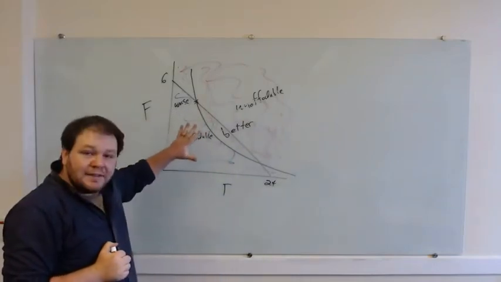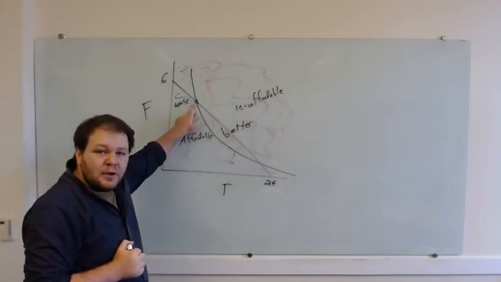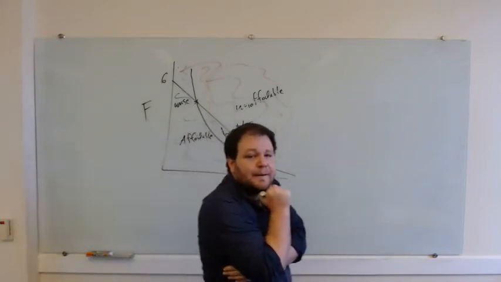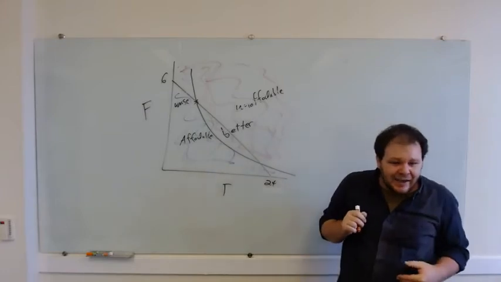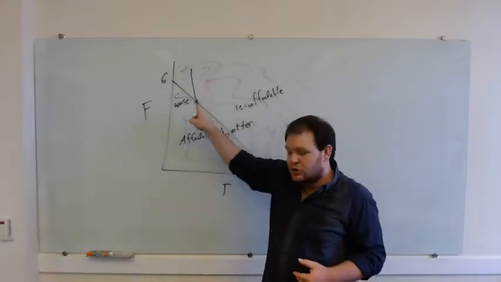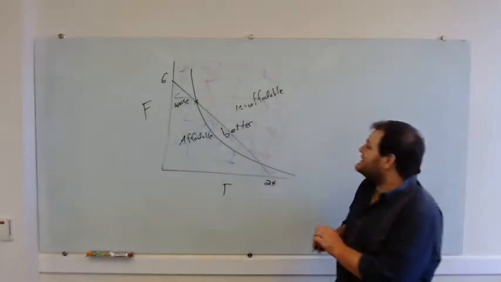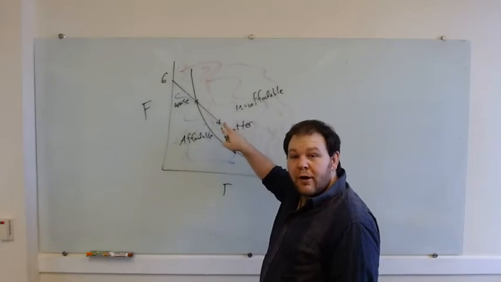So given this, if we look at this picture, is this our optimal choice? Could this possibly be our optimal choice? I want you to think about that for a second. So I'm going to say this can't possibly be optimal. And the reason this can't be optimal is because there's alternatives like this one that are both affordable, right?